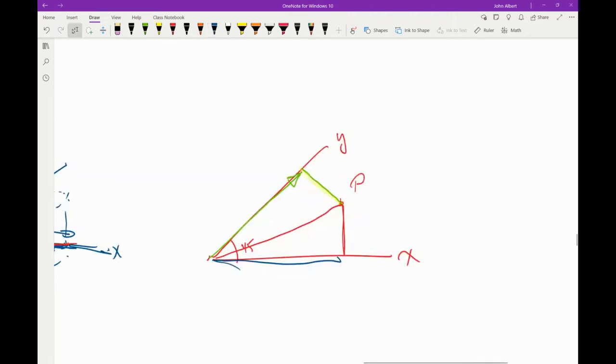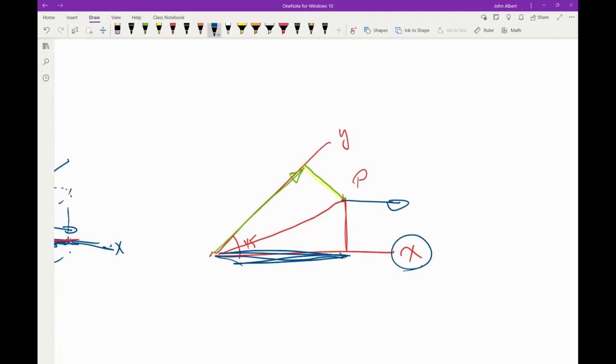But what happens if I have a situation like this? If I move, let's say, the point P parallel to the x-axis, clearly this line here or this projection will change. It will increase or decrease depending on whether you move to the right or to the left. But will the green line there increase in length or remain constant?